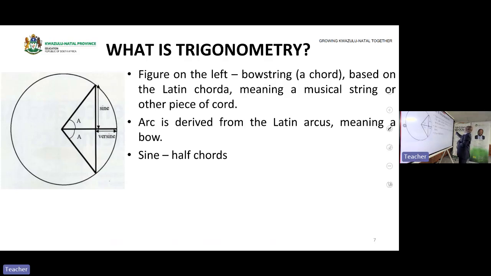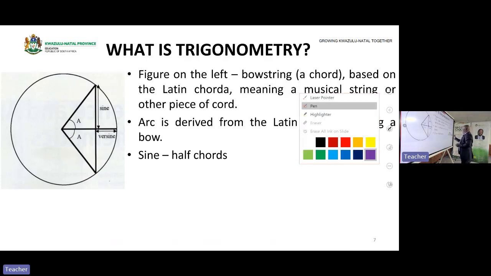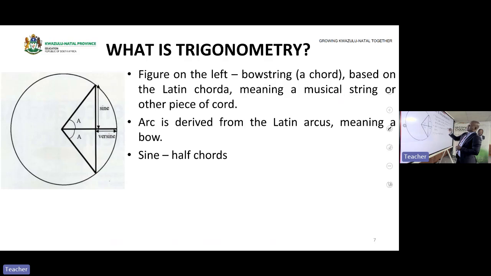It was up until we understood that basically sine means what? It's from the line that starts from the circumference of a circle to the other side, which we call a chord. The word chord comes from a Latin word, chordae, meaning just a string.